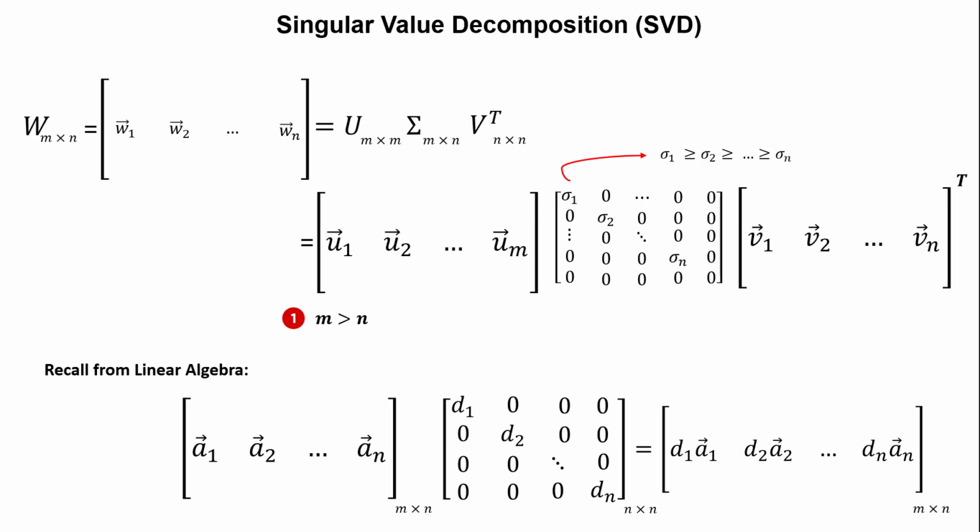In this case, if we take a look at the matrix U, we see that the number of columns is equal to the number of rows of the original matrix, and the number of singular values is equal to the number of columns of the original matrix. Hence, coefficients of Ui columns where i is larger than n would be 0. In other words, the last few columns are useless.